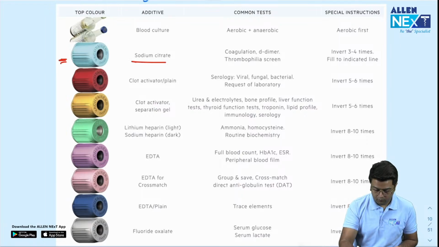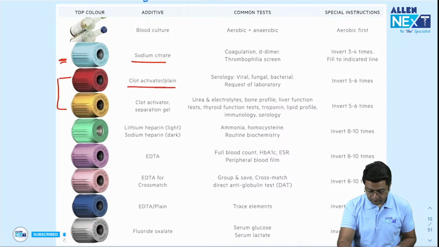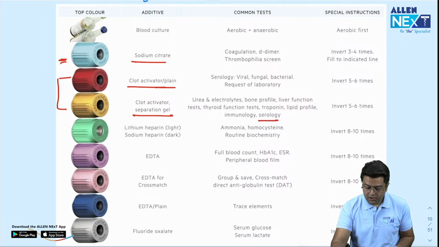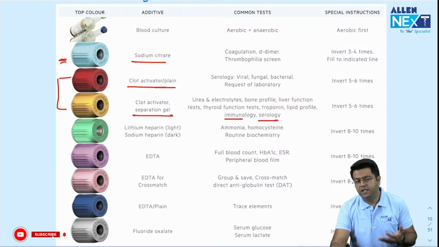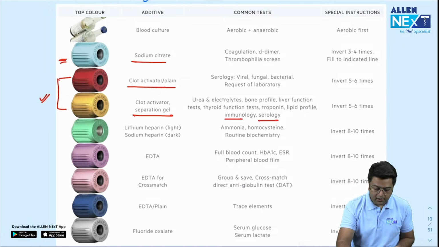Okay. Most of the time in the biochemistry lab, I'll be using these two. That is the clot activator plain vial, or the gel separator, that is golden yellow or yellow. So I'll be doing all the tests of serology, immunology, LFT, KFT, urea, creatinine, whatever it is, right? So most of the time I'll be taking samples in these two.